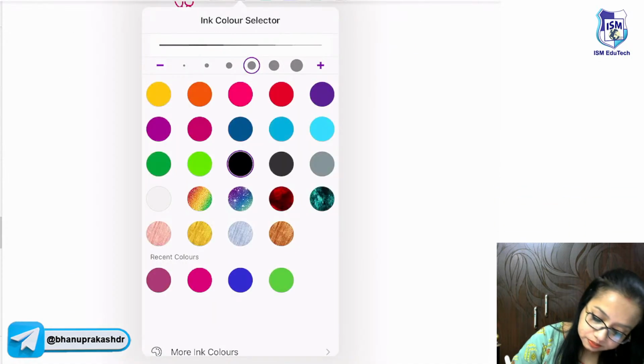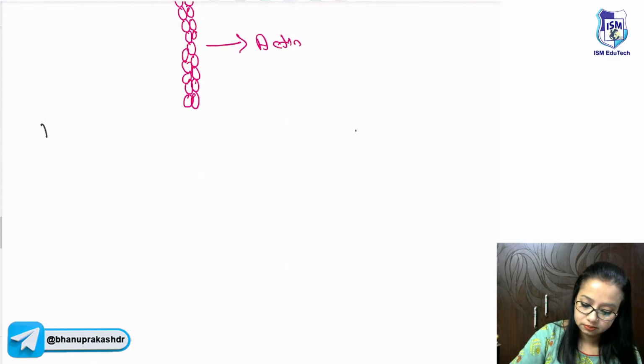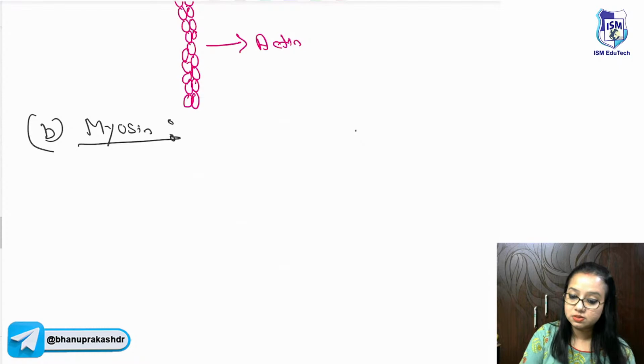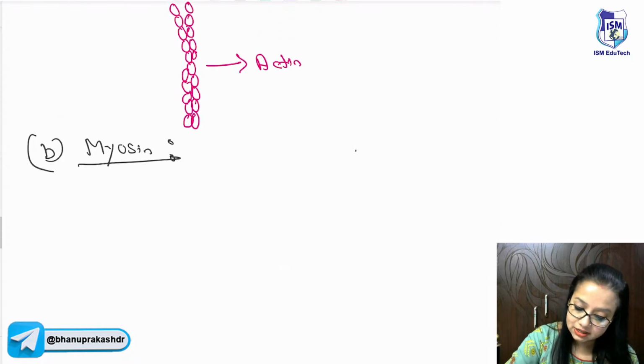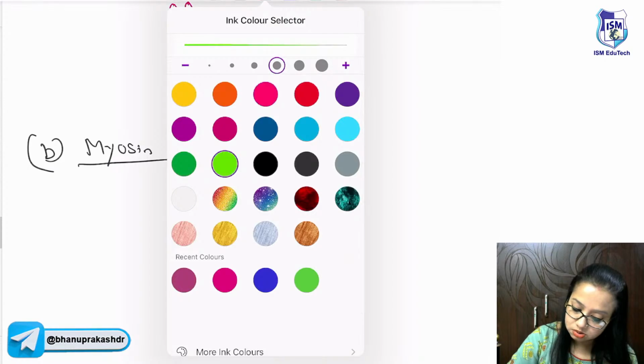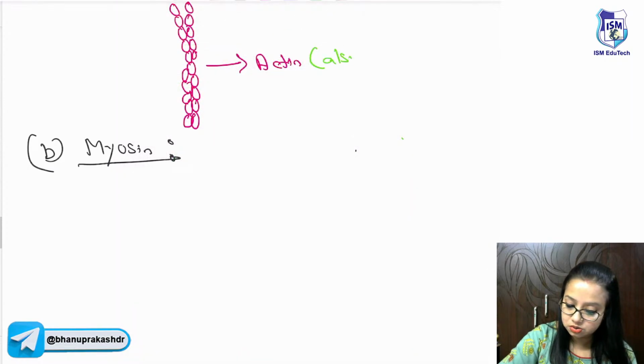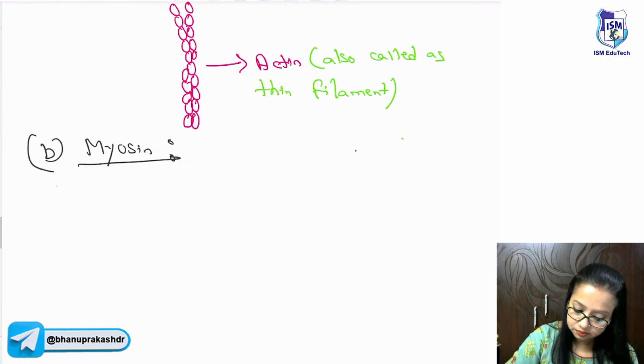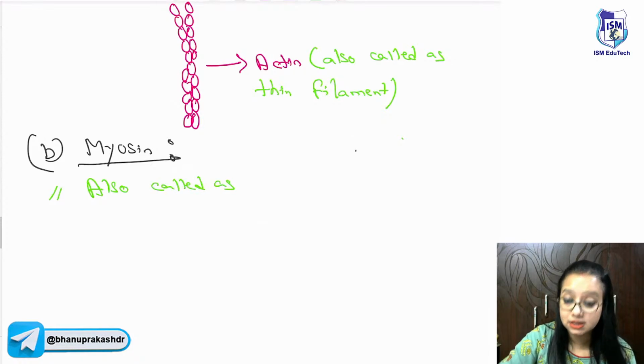Second is myosin. Second contractile protein is myosin. And one more thing, this actin is also called the thin filament. Okay. Now, myosin is also called the thick filament.